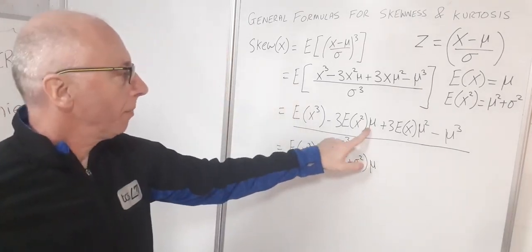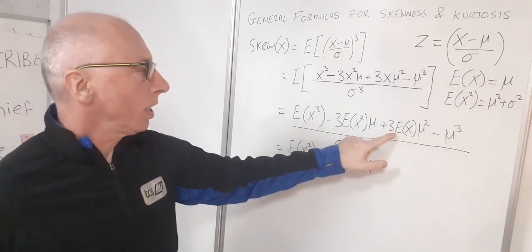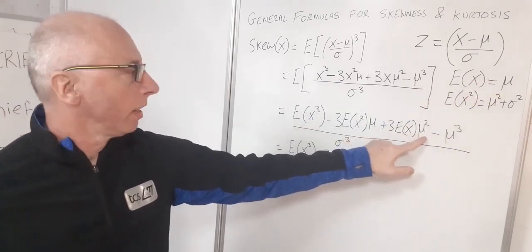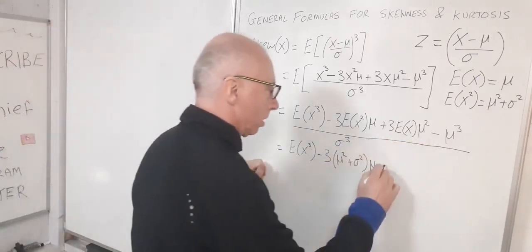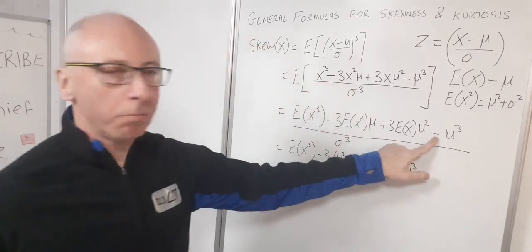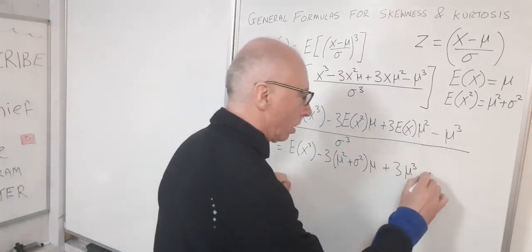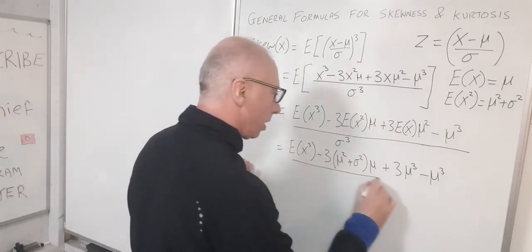That takes care of this one. Now this one we've got E of x, which is mu. So 3 times mu squared, that will simply be plus 3 mu cubed. So that takes care of that. And here we've got minus mu cubed. Okay, and then our sigma cubed stays on our denominator.